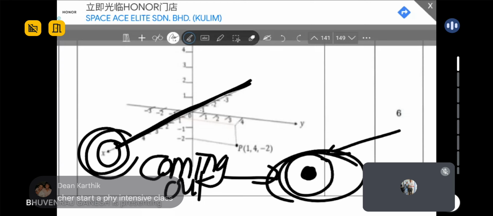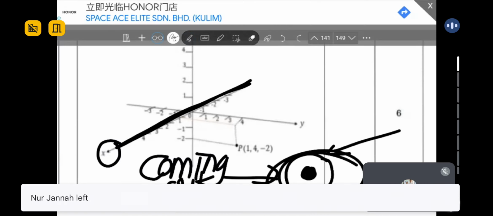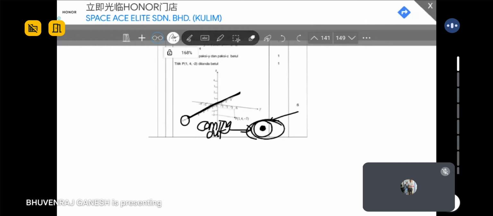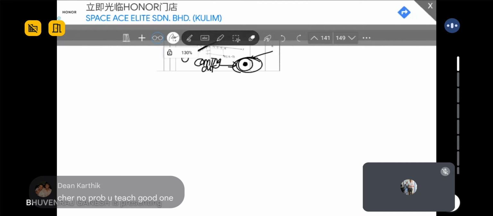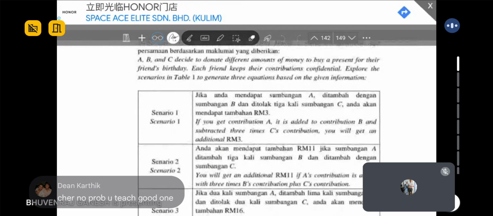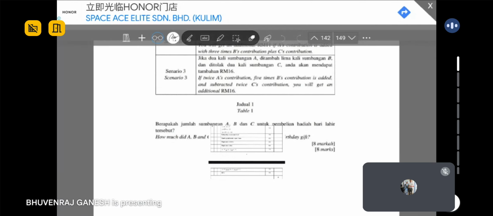Start a physics intensive class. Cannot. Maybe I can teach lah, but not to the standard of how I teach maths and admaths. Saya boleh ajar, tapi quality dia macam admaths tak lah. Okay? I can just biasa-biasa only. Alright? No problem, you teach good one. You start lah. I cannot, Adi. I need an assistant. Okay? So we go next question, guys.